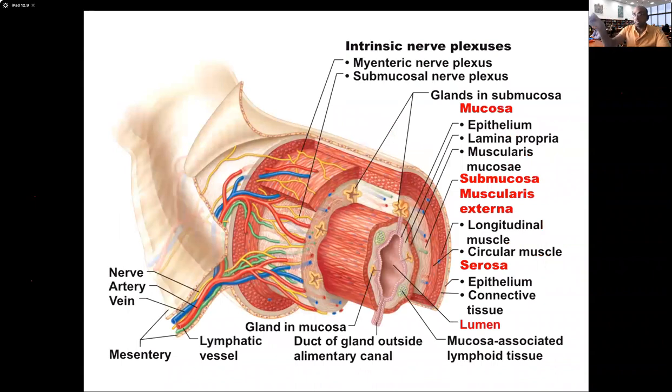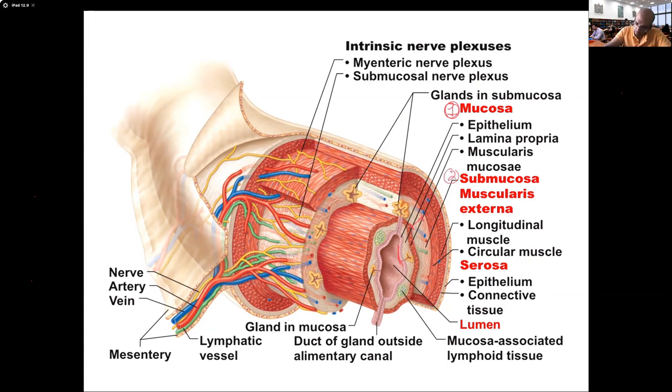Looking here at the cut section in the wall of the gastrointestinal tract, like a general structure here. The wall of the gastrointestinal tract is going to be formed of four main layers. From inside out, we've got the mucosa. Then we've got the submucosa.